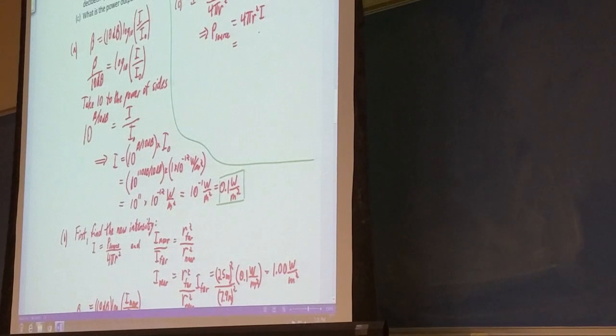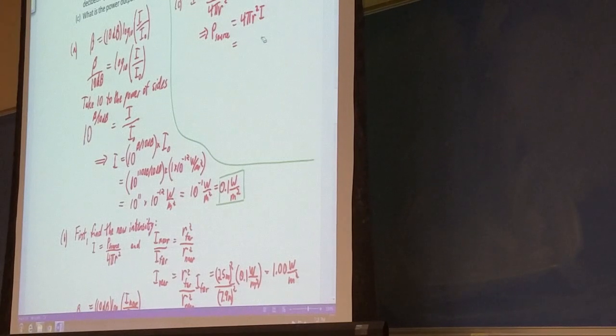Now, the power of the source is a constant. It doesn't depend on distance. So we could use either R far and I far or R near and I near, as long as we're consistent. We don't mix them up and say R far and I near or R near and I far.